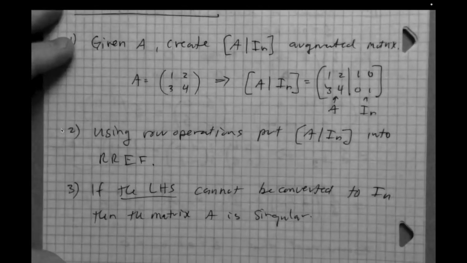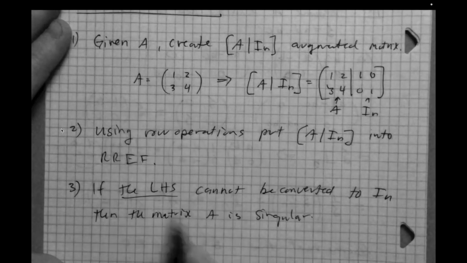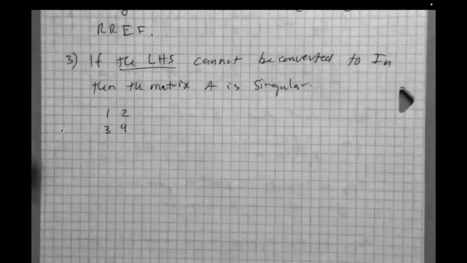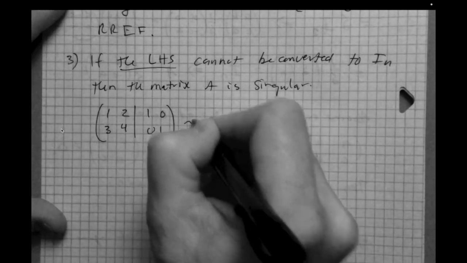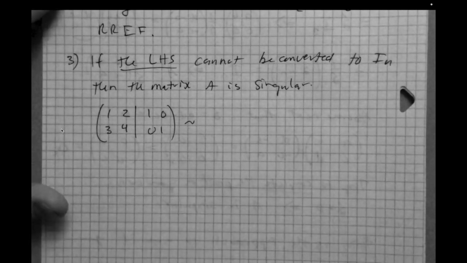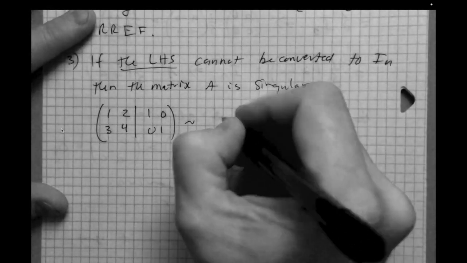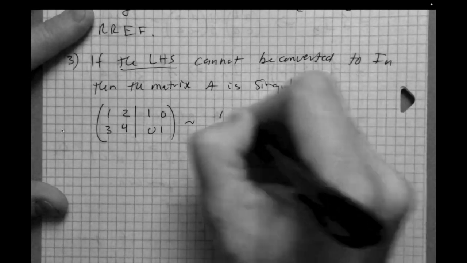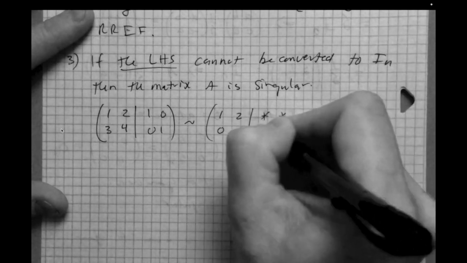Right, so let's think about this for a second, in terms of our A here. I start with 1, 2, 3, 4, and then I've got 1, 0, 0, 1, right? And my goal is to convert this into reduced row echelon form. Let's say I'm able to get it into this form: 1, 2, 0, 0, and something, something, something, something.